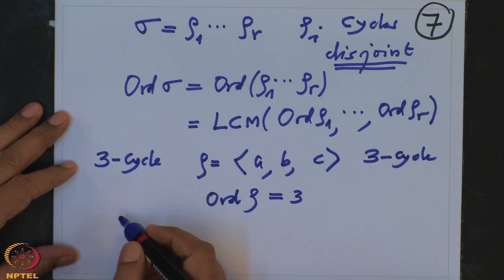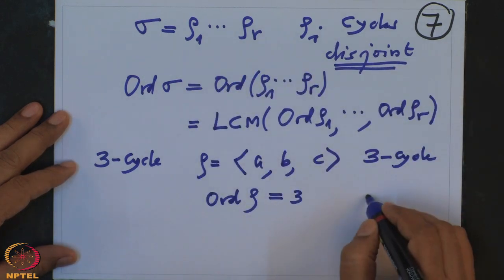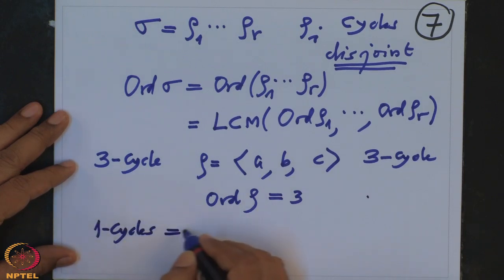Now, what is a signature? I would have to define signature in the same way. Also I should have mentioned earlier, 1 cycles are identity.